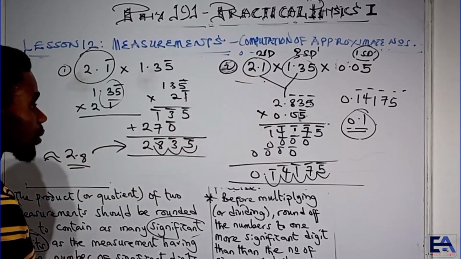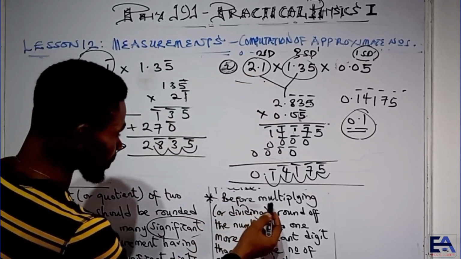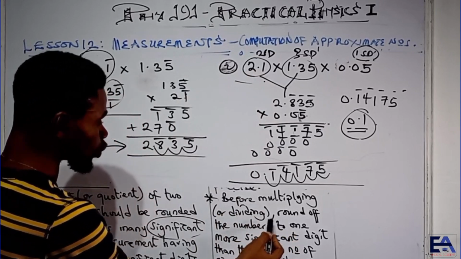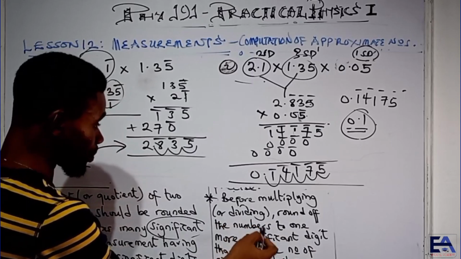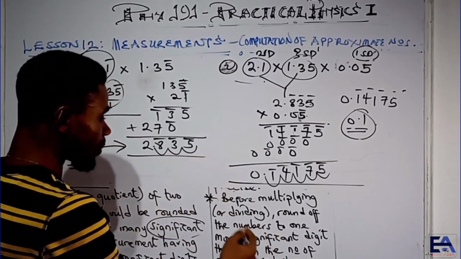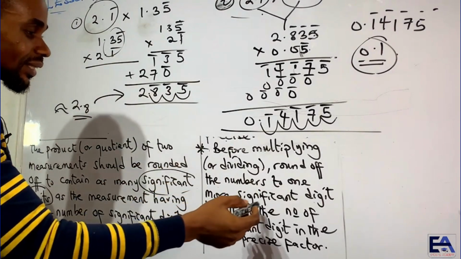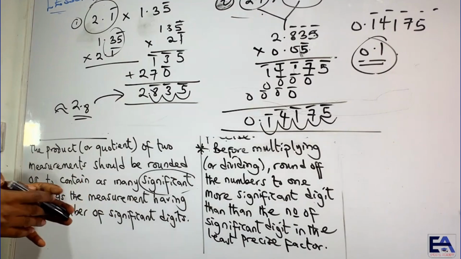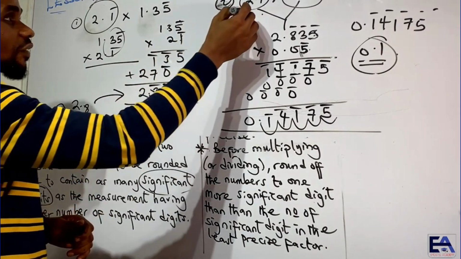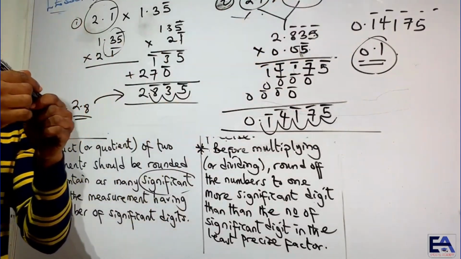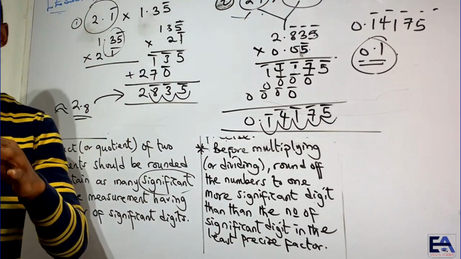So now it says before multiplying or dividing, round off the numbers that you want to multiply to have one more significant digit than the number of significant digits in the least precise factor. So this is a factor. We know when two things are multiplying each other, you call them factors. When they are dividing, you call them quotients.